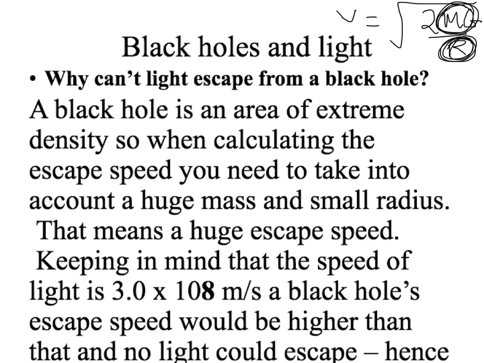So if you look at it mathematically, you see that the escape speed would be really, really fast. You'd have to be so fast to escape a black hole because of this formula. But you see that nothing can exceed the speed of light, 3 times 10 to the 8th. So not even light can escape a black hole. The mass of the black hole, the radius of the black hole, this escape speed is higher than the speed of light, and so not even light can escape a black hole.